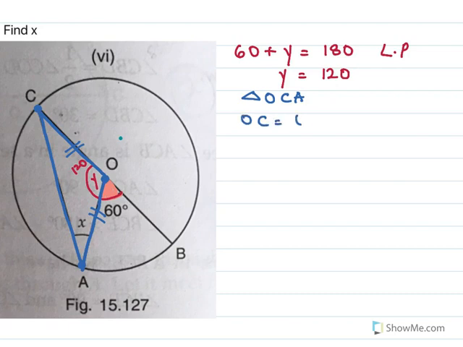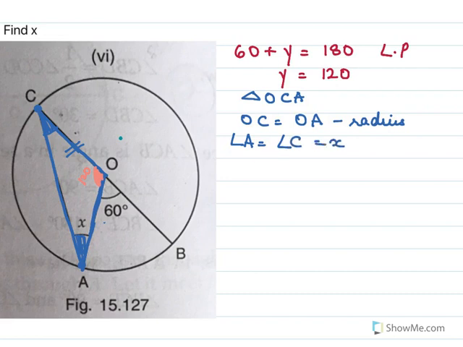So I write OC equal to OA, the radii. And if two sides are equal, that means two angles also will be equal. This we have taken as 120 by linear pair. So two angles will be equal. Which two angles will be equal? The base angles. So if this is x, angle C will also be x. So I'll write angle A equal to angle C equal to x. Angles opposite equal sides.